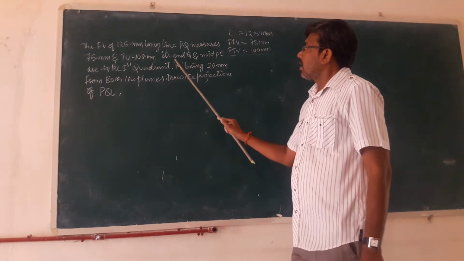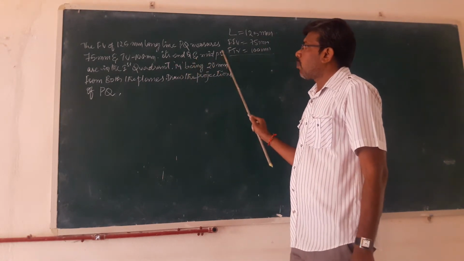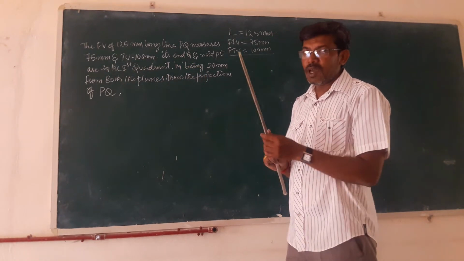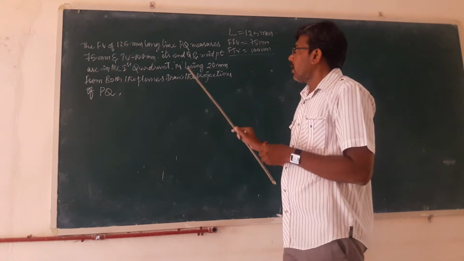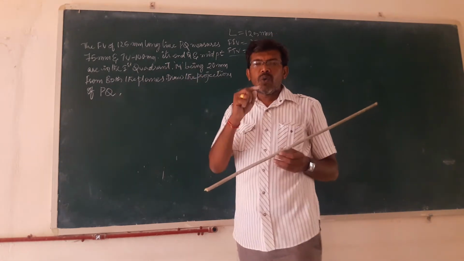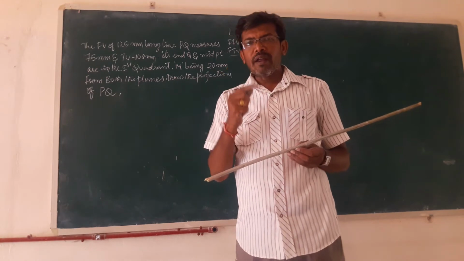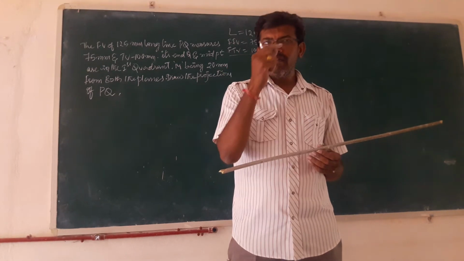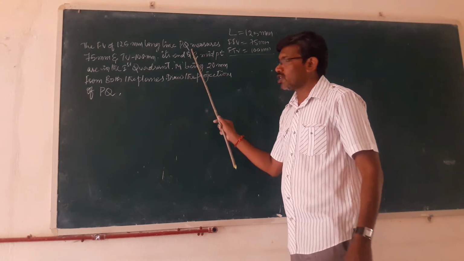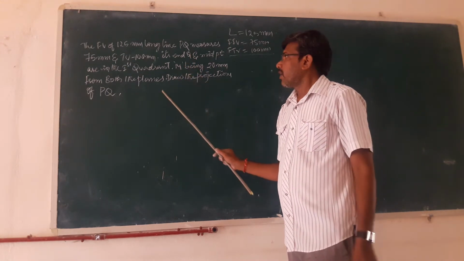So here its end Q and midpoint are in the first quadrant, M being the midpoint. M being 20 mm from both the reference planes, that is 20 mm above the horizontal plane and 20 mm in front of the vertical plane. So the conditions are given for M point and there are no conditions for Q point.